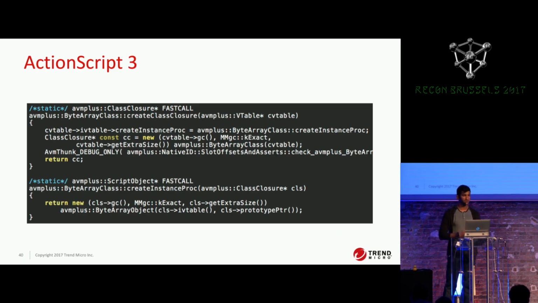One of the sets of functions that's incredibly useful to look at are the instance creation procedures, because all of these are where the vtables get set. If you look at this code, it's fairly simple: you take in the argument, dereference it, get the IVTable, dereference that, get the create instance proc, and set that to something.